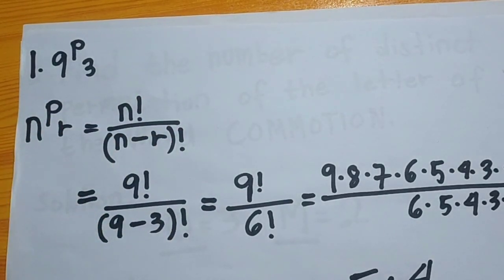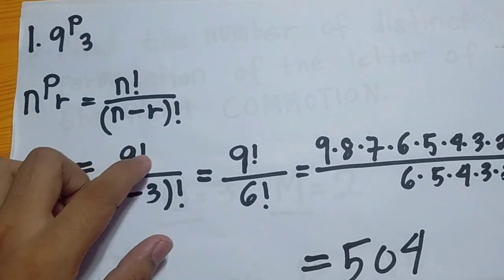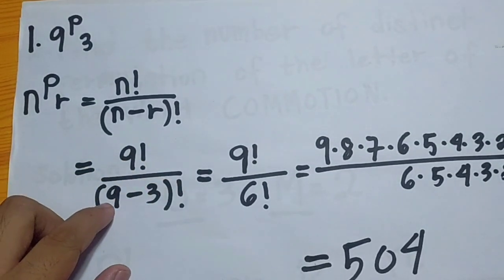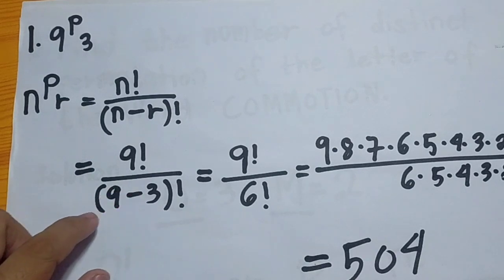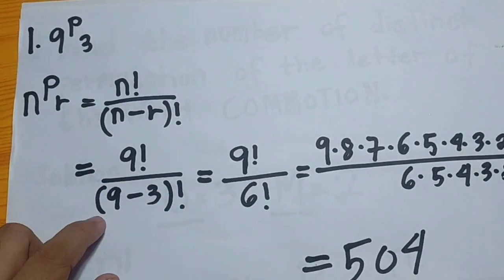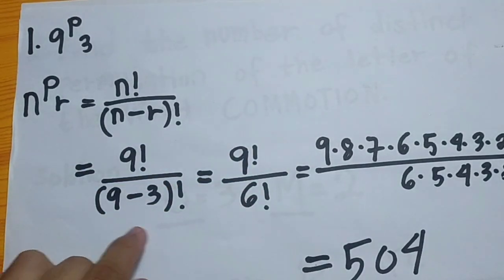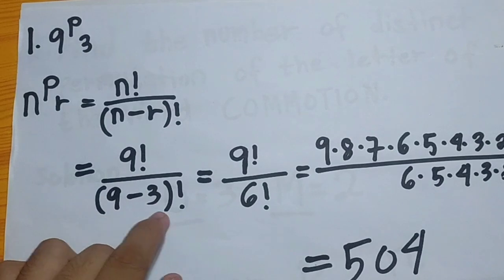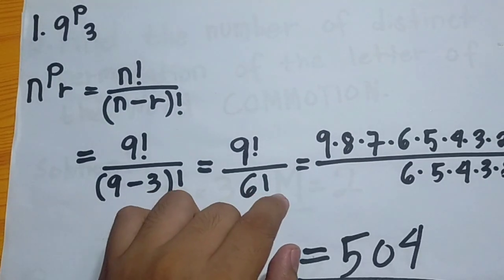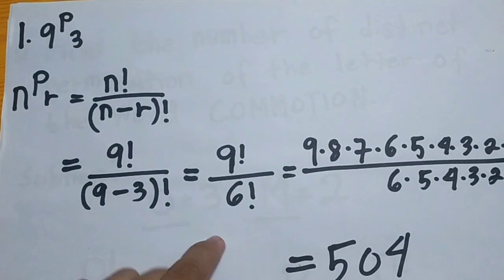Let's substitute in this problem. 9 factorial over the quantity 9 minus 3 factorial. So we subtract, it is equal to 9 factorial over 6 factorial, because 9 minus 3 is equal to 6 factorial.